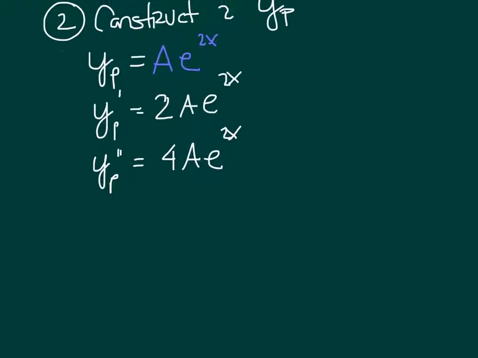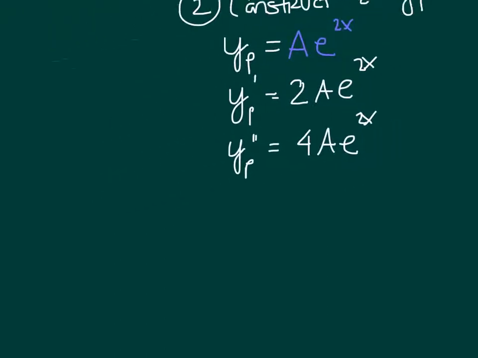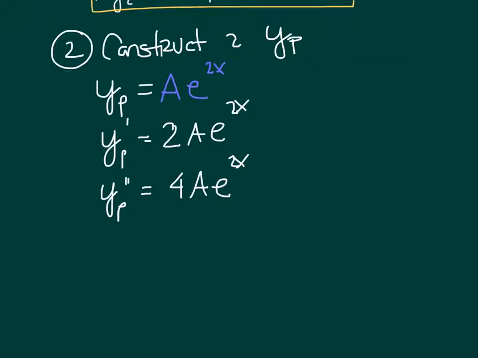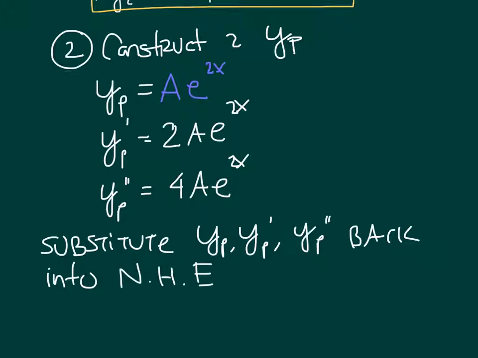Now we're going to substitute y sub p prime and y sub p double prime back into our original non-homogeneous equation above.